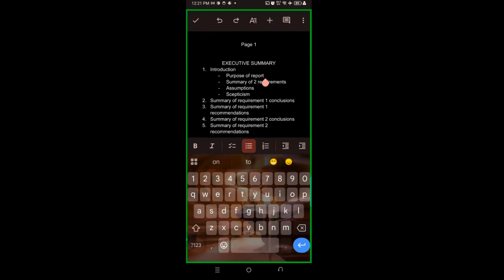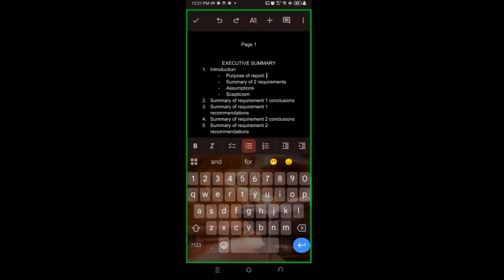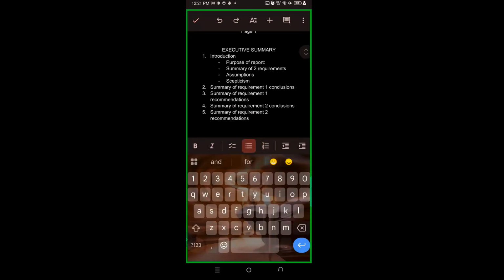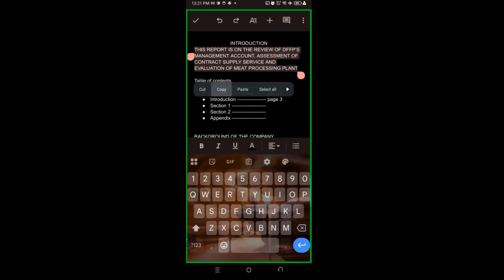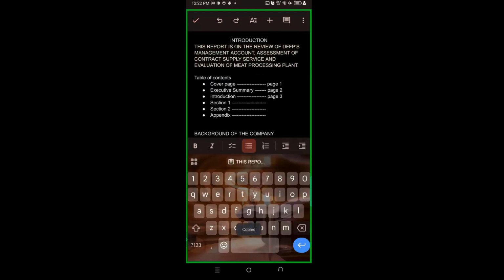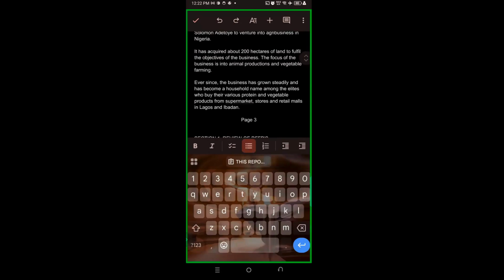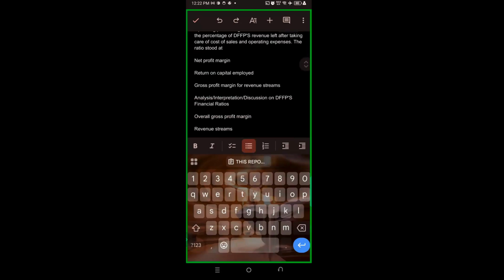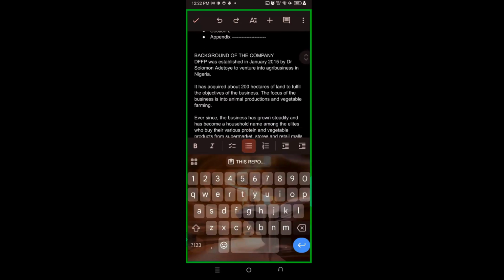What is the purpose of the report? I think we did that under the introduction. See, the purpose of the report. That's the purpose of the report. I can just copy that. Where is this page again?